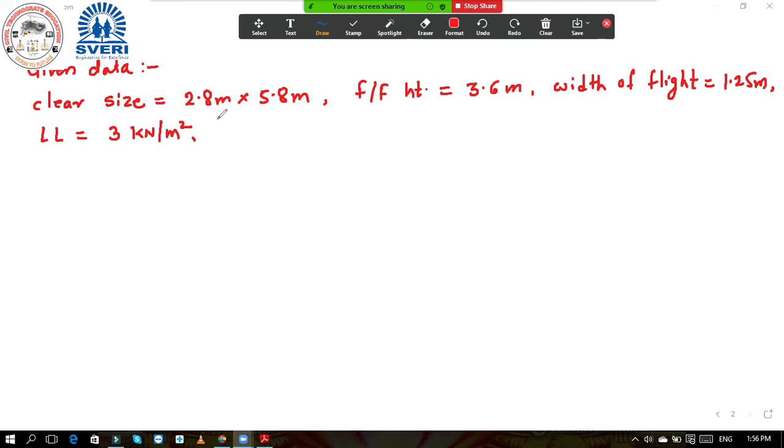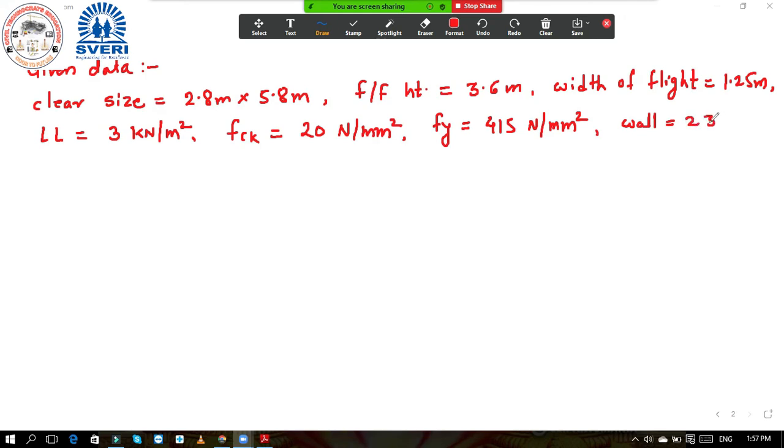Then fck, characteristic strength of concrete, M20 is given, so 20 Newton per mm square. Then fy is 415 Newton per mm square. And the width of the wall is 230 mm.